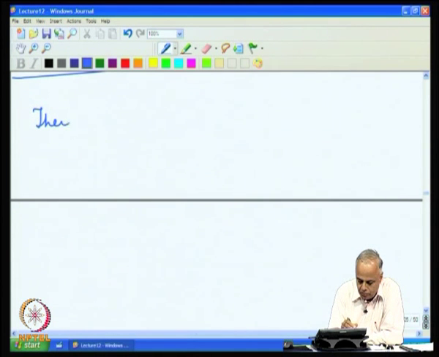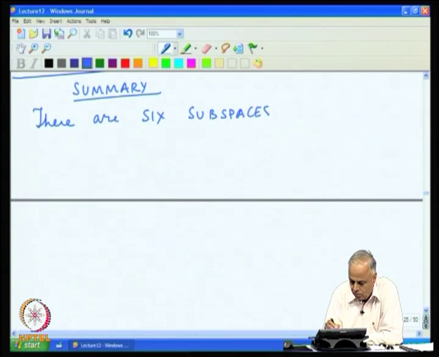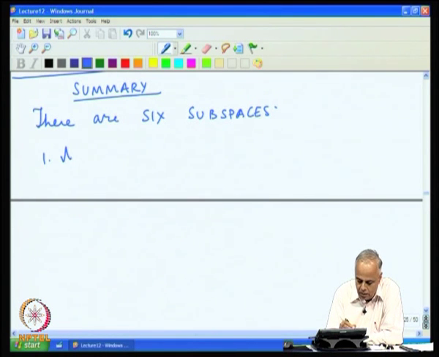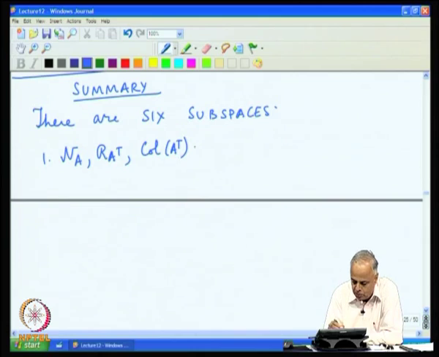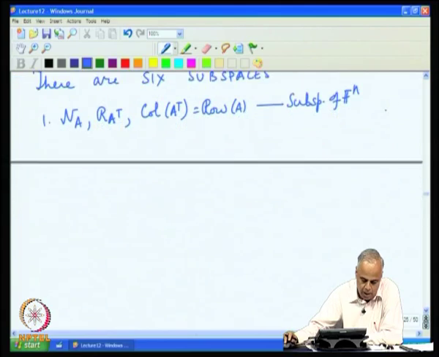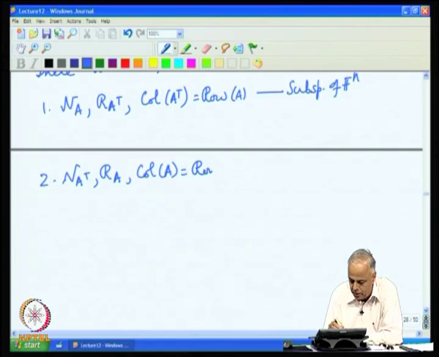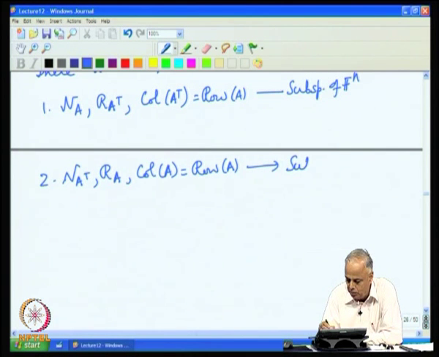So, if we summarize, there are 6 subspaces as of now associated with a matrix. 1, the null space of A, the range of A transpose and the column space of A transpose, which is the same as the row space of A. These are all subspaces of Fn, and then we have the null space of A transpose, the range of A and the column space of A, which is the same as the row space of A transpose, and these are all subspaces of Fm.